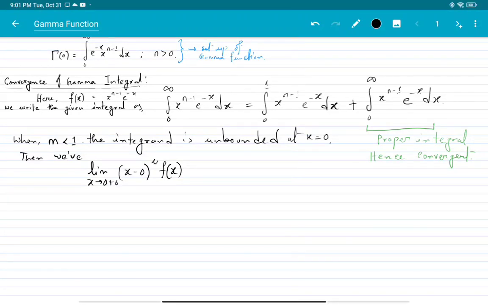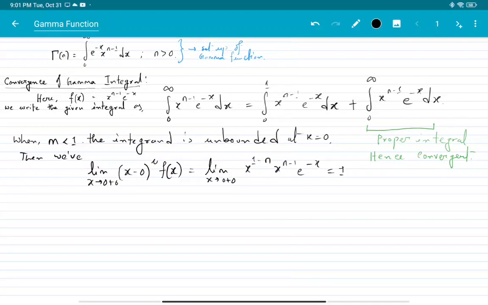Now this limit, x tending to 0 plus, of x to the power 1 minus n times x to the power n minus 1 e to the power minus x, is 1, which is a finite and non-zero limit.